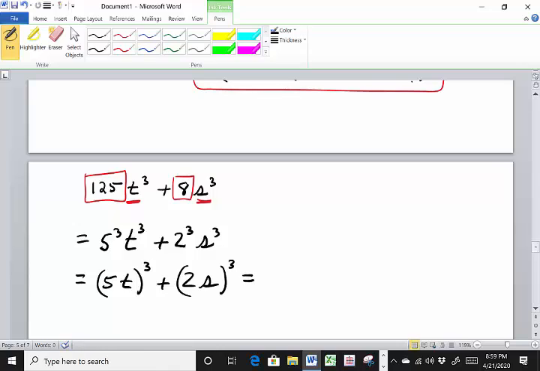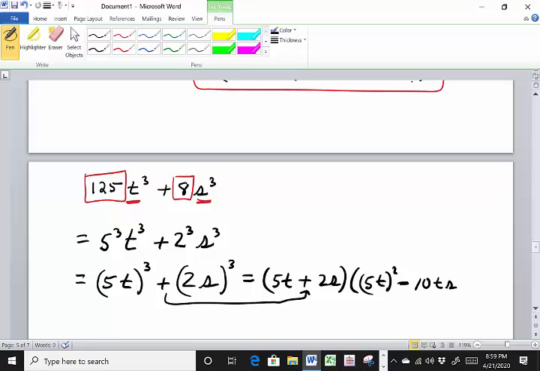Then this equals, okay, this is the sum of 2 cubes. So remember, our 5t, our 2s, and then the plus sign here. And then we have the 5t to the 2nd power. And then we have to subtract 5t times 2s, which is 10ts, right? We just multiplied these two together. And then the 2s will be plus, right? 2s.